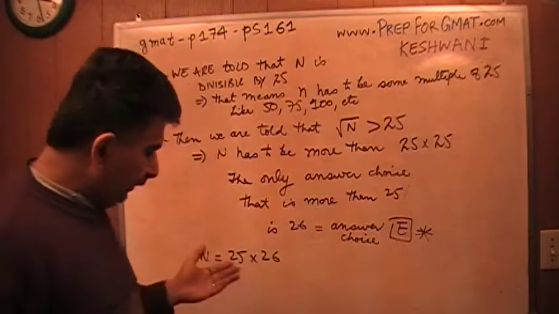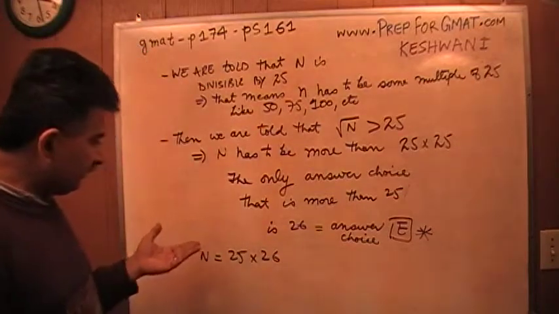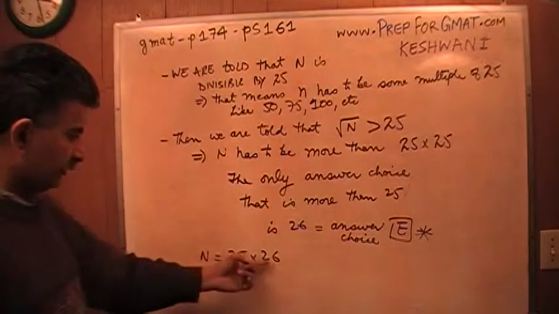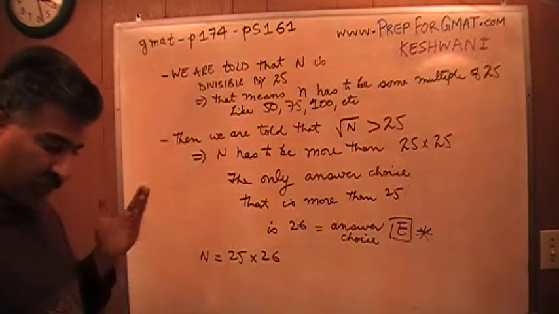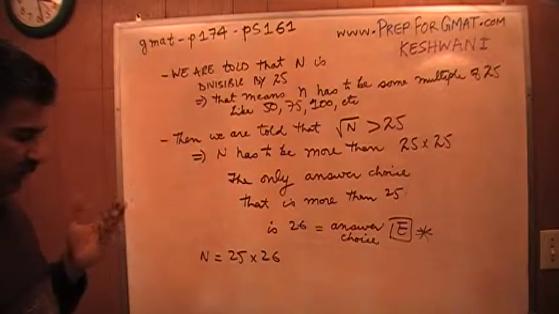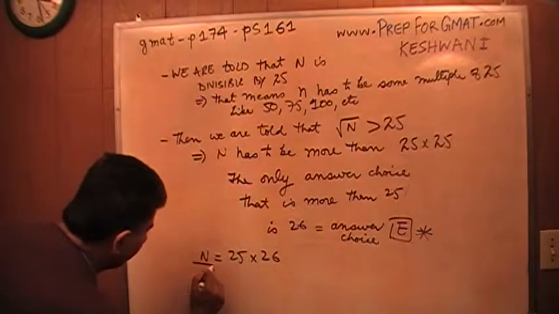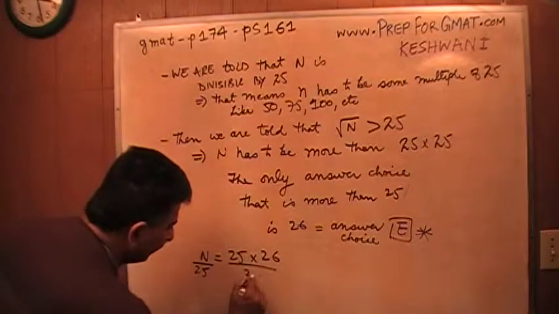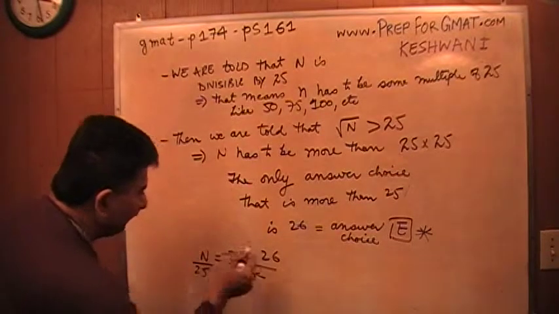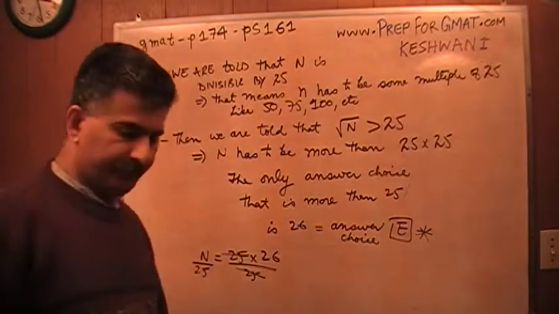It could be any number. But in our answer choices, the only number that is more than 25 is 26. Therefore, the question simply is, which of the following could be the value of n divided by 25? Well, since we concluded that this could be the value of n, dividing by 25 gives 26. That's it. The answer is E.